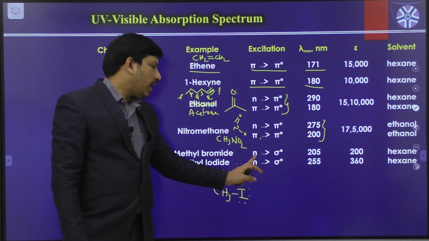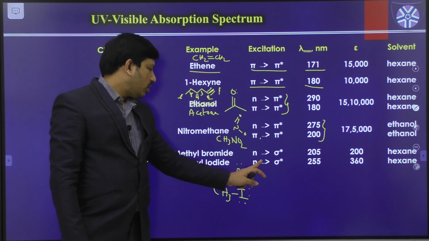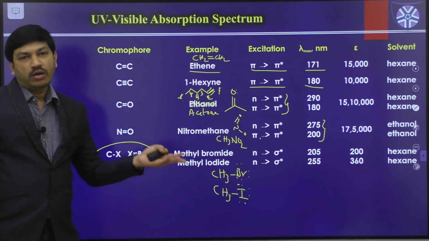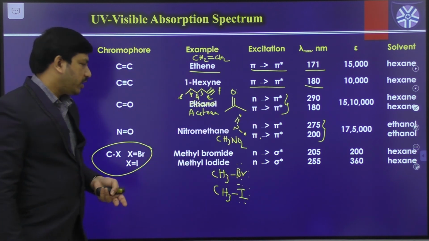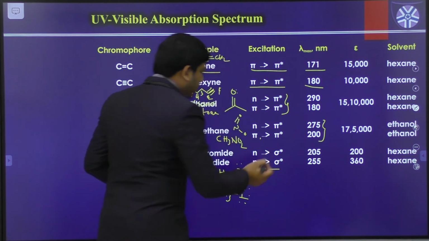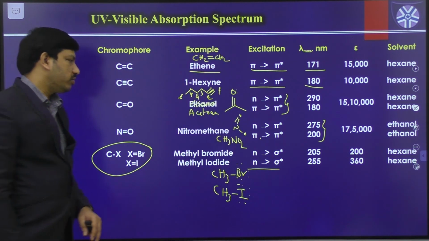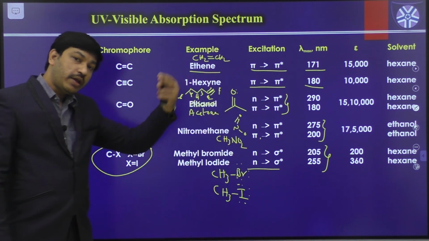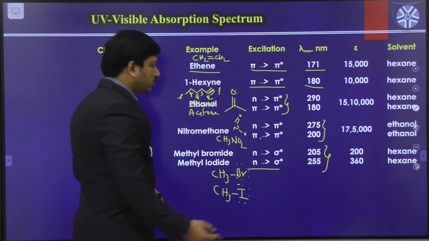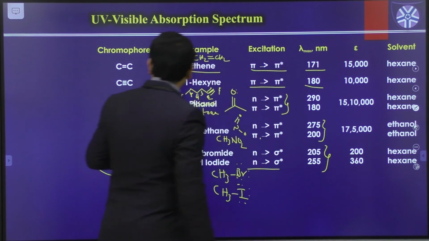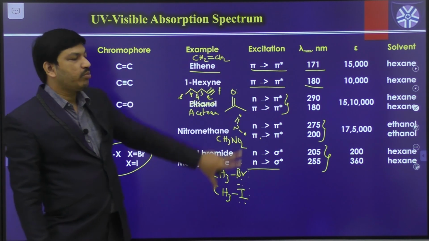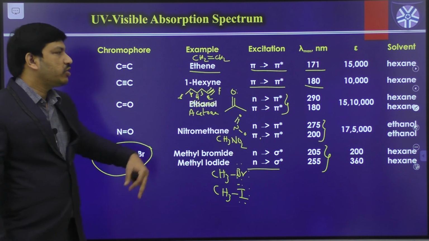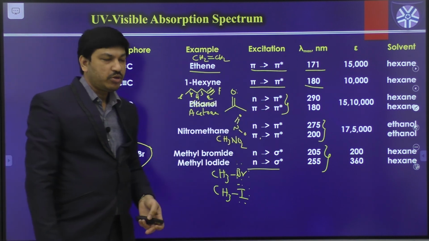So that means n to sigma star is possible, and one more transition, sigma to sigma star, but that is the higher energy transition. That is the reason they mentioned n to sigma star possible in these two molecules. And you can see, because these are higher energy transitions, lambda value decreases. So like this, we can identify the chromophores in the corresponding molecules, and these chromophores are actually responsible for the corresponding absorption spectrum.